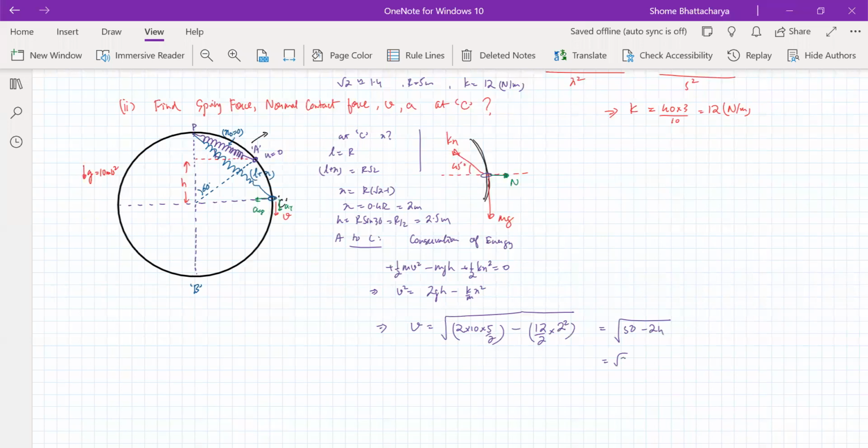So root 26 meters per second. So root 26 is approximately 5.1.